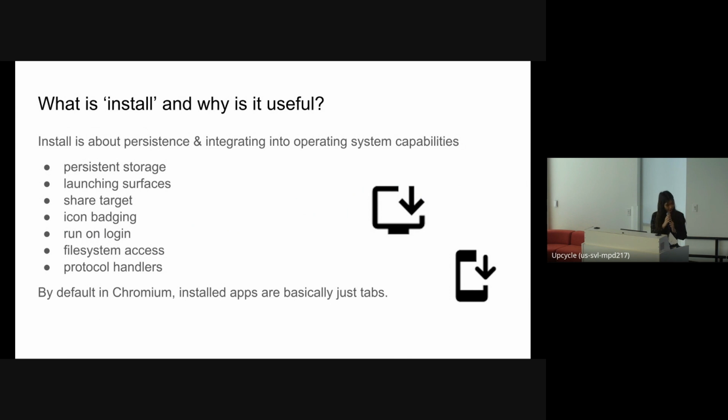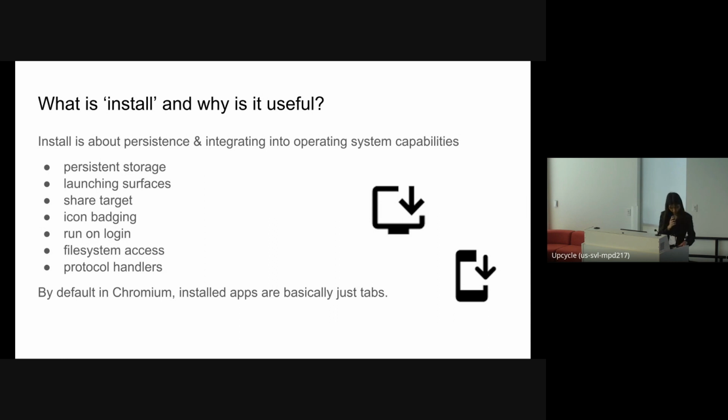I copied most of this from Penny's slides last year. Install gives the website more opportunity to blend into the operating system. It gets persistent storage, an icon, a launching surface, and you can use some operating system features like share target and icon badging.